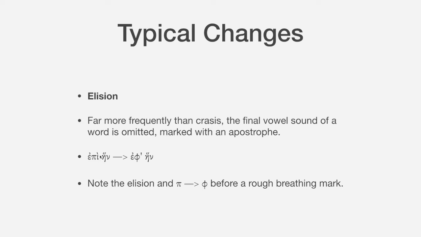Now what's taking place here is you've got 2 vowels that are going to be coming together, but rather than merging the 2 words into one, a letter just drops out. You'll notice that the pi has changed into a phi because it comes before a rough breathing mark. And that makes it a fricative, because when you have a pi or any labial before a rough breathing mark, that's when it becomes a fricative. Same thing with the dentals and the velars as well.